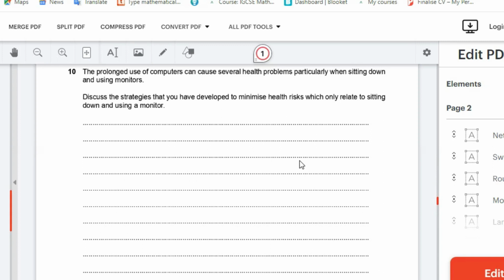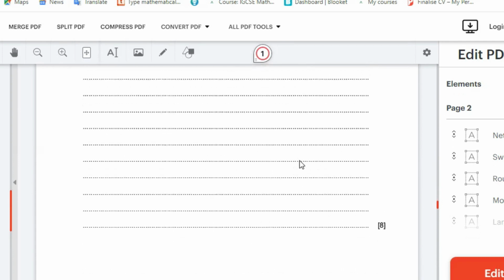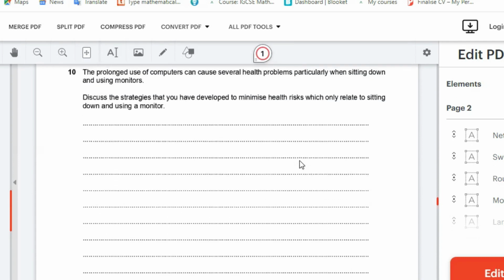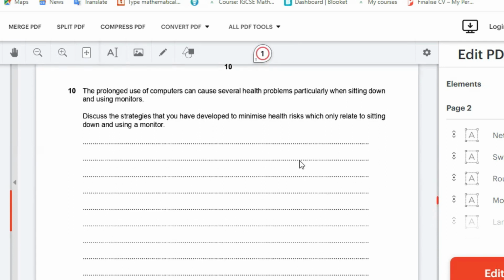So how many marks do we have there? 8 marks. So you are to list 8 strategies that you can use to minimize health risks which are only related to sitting down and using a monitor. All right.